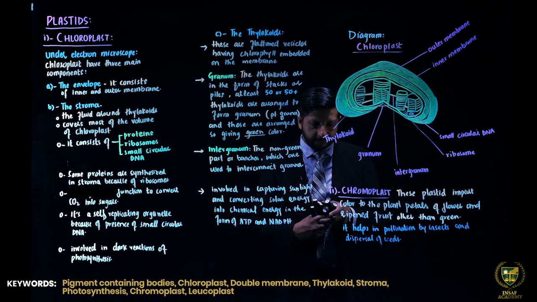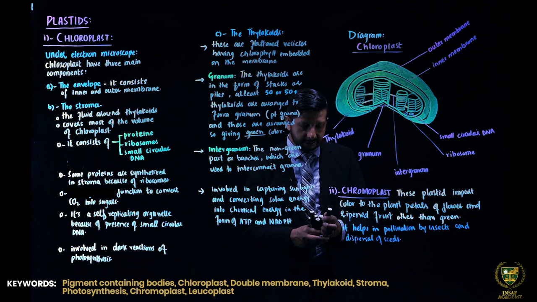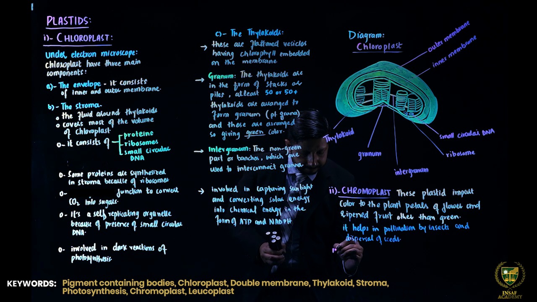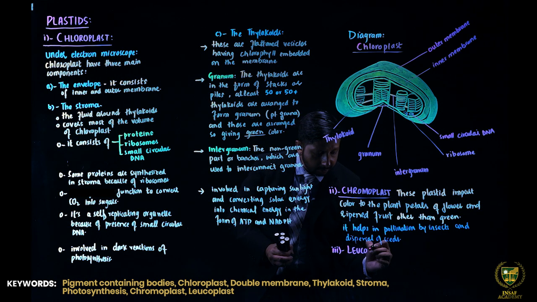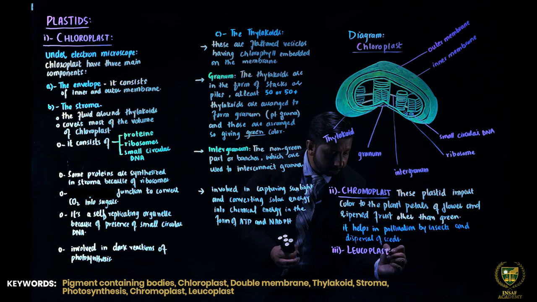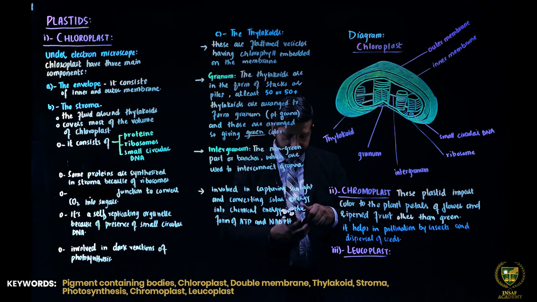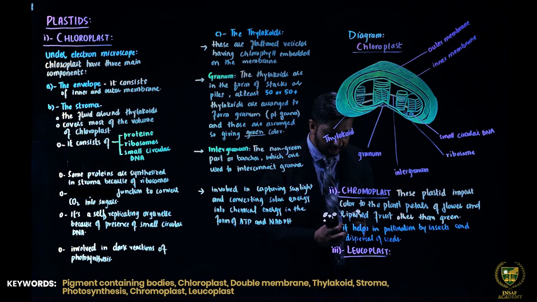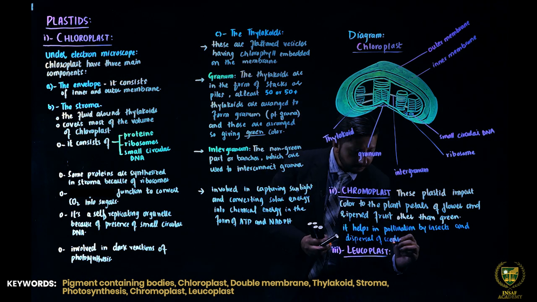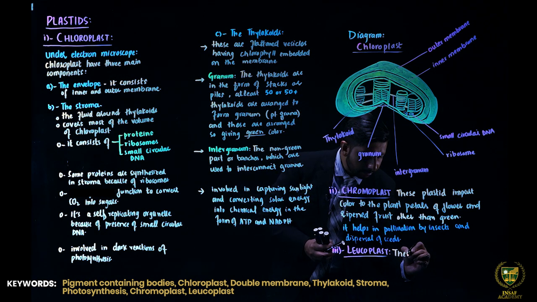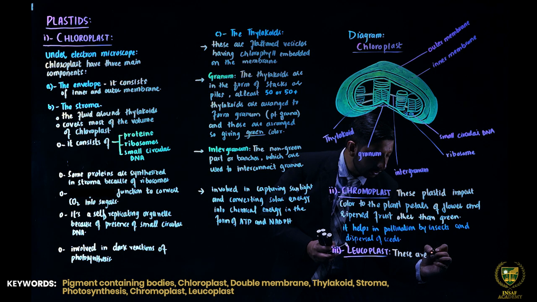And the third type is the leucoplast. Leuco means colorless. Clear? So these are colorless.